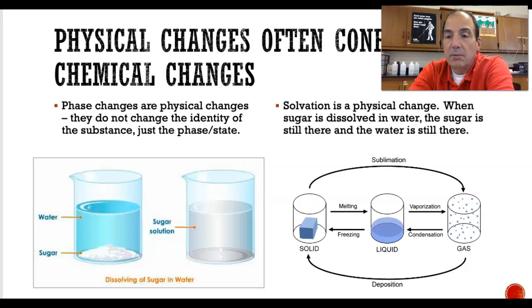If I evaporate out the water, the salt or the sugar or whatever the solute is right there. Again, maybe I've altered its appearance a bit, but it is still there, and I can separate the water and the sugar without chemical means. So it can be done easily. That is a physical change.